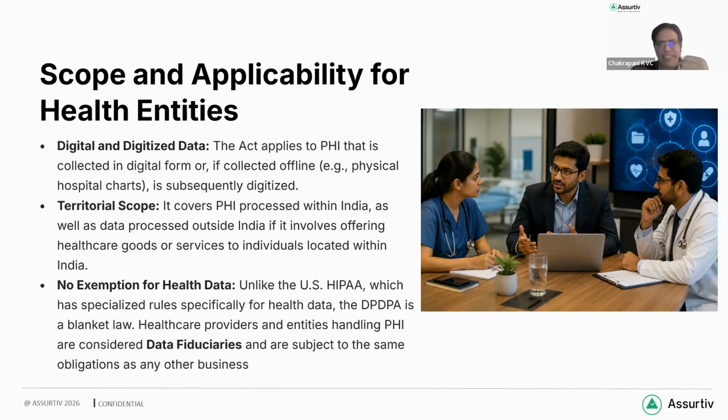Suppose a healthcare provider, let us take Apollo Hospital or Medwin or Medicare, any hospital or health tech company or healthcare company handling PHI, they are called data fiduciaries and they are subject to the same obligations as any other business.